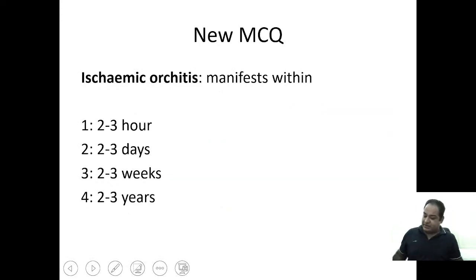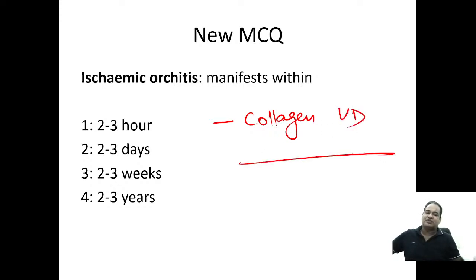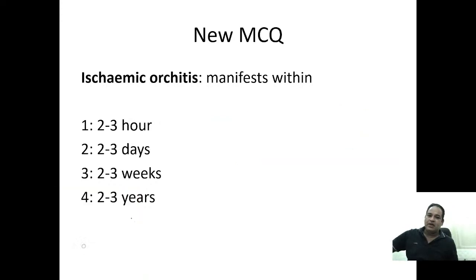Ischemic orchitis. Dr. Kalpu, pyoderma gangrenosum is a skin condition which develops if your patient has collagen vascular diseases like rheumatoid arthritis, like SLE, those sort of things. Fine, that's a skin condition.